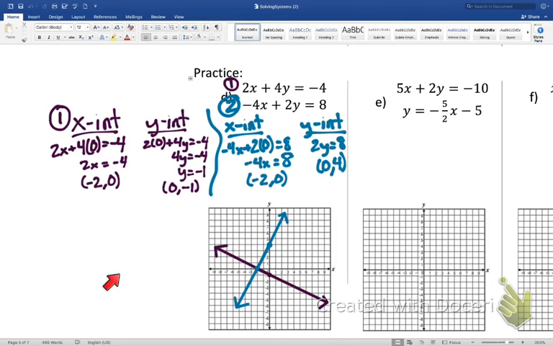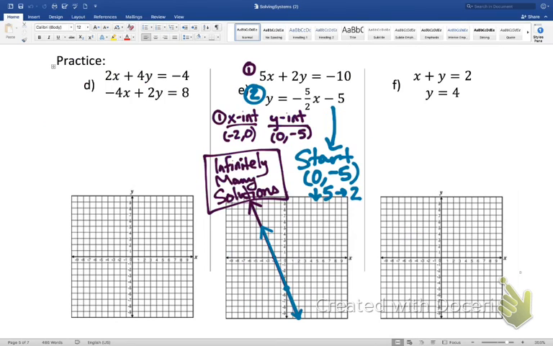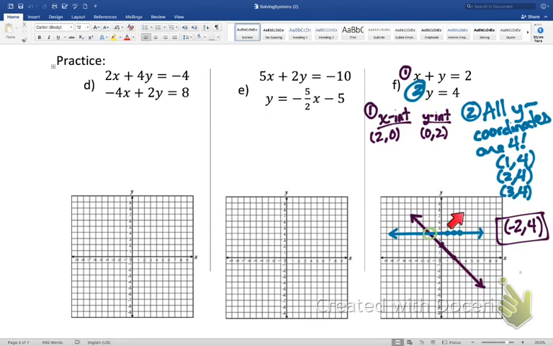What I need you to do is pause and clean up your work, because now you're about to experience practice E. I'm going to ask you what your answer to practice E is, and then we'll move on to F. With this problem, go ahead and press pause so you can see how we got the same line. Now we're going to go on to problem F. So our final answer, go ahead and press pause.